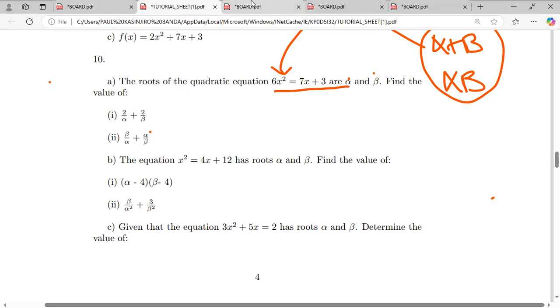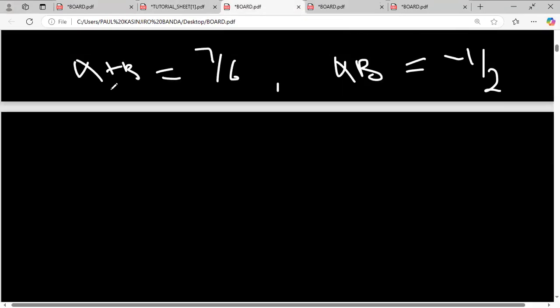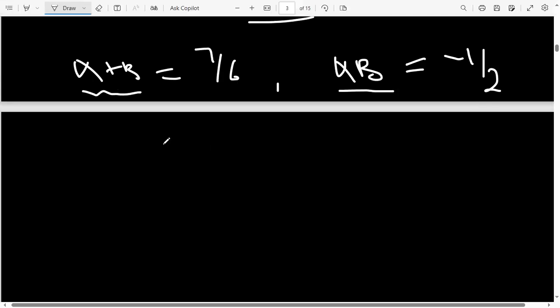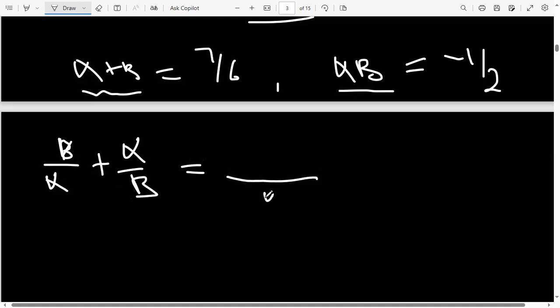Okay, so let's get those and try to express them in terms of alpha plus beta and alpha multiplied by beta. Okay, so I have beta over alpha plus alpha over beta. So this is going to be equals to, the common denominator here will be alpha multiplied by beta. So I'll write alpha multiplied by beta, and then alpha into alpha beta, you get beta.